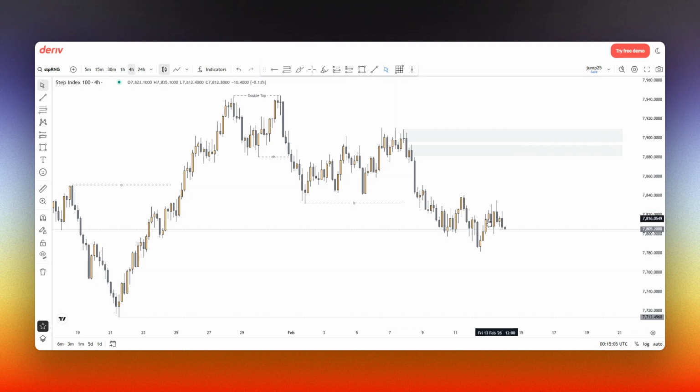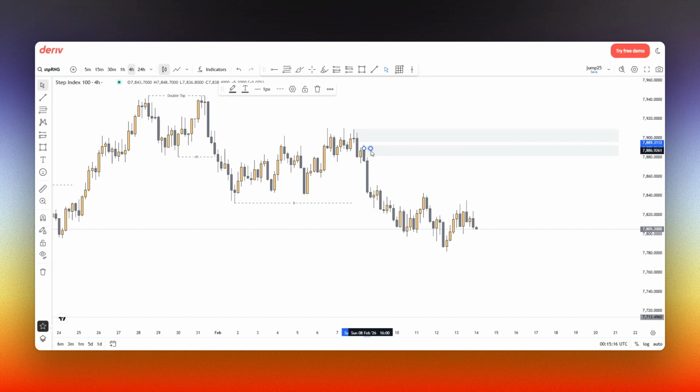There's an imbalance there, which has been tapped here. So yeah, there's an imbalance here.